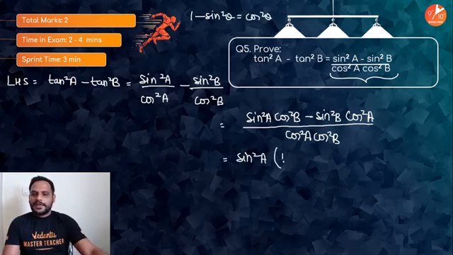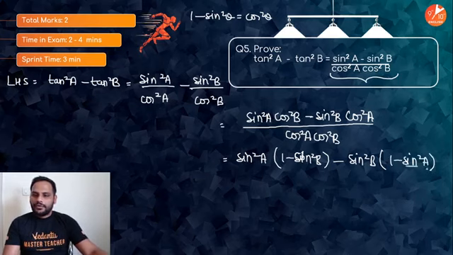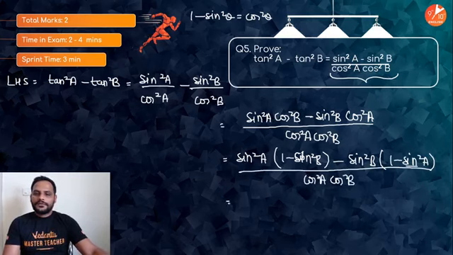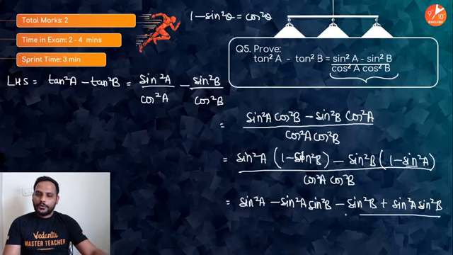Cos square B I can write as 1 minus sine square B, and cos square A I can write as 1 minus sine square A, whole divided by cos square A into cos square B. So what we are getting: sine square A into 1 is sine square A. Sine square A into minus sine square B is minus sine square A sine square B. Then minus sine square B, and negative into negative will become positive, plus sine square A sine square B, whole divided by cos square A into cos square B.